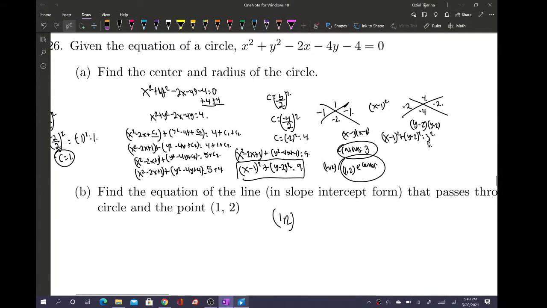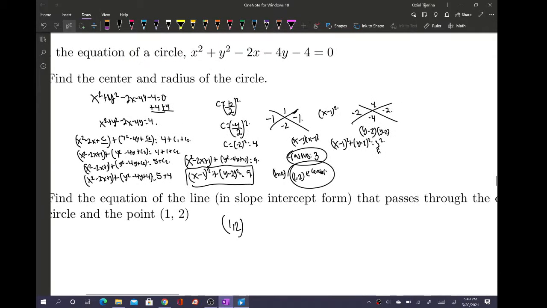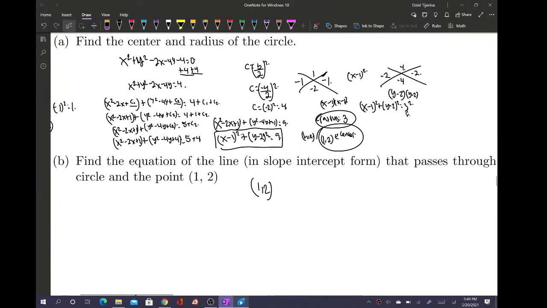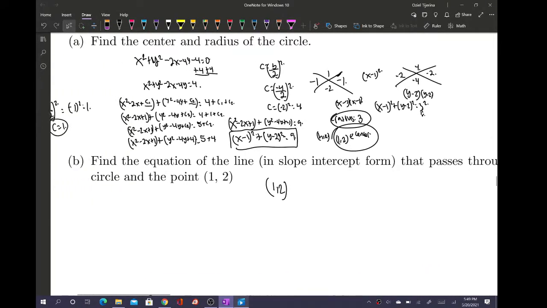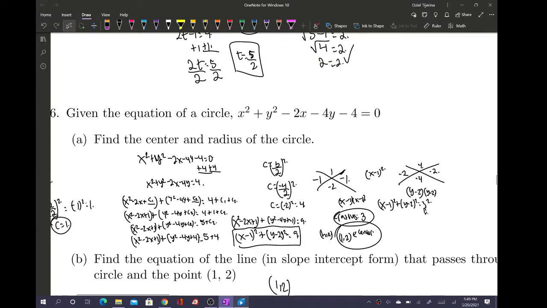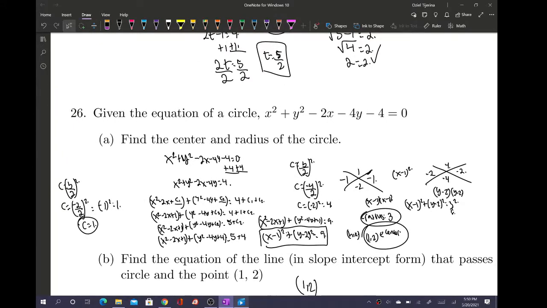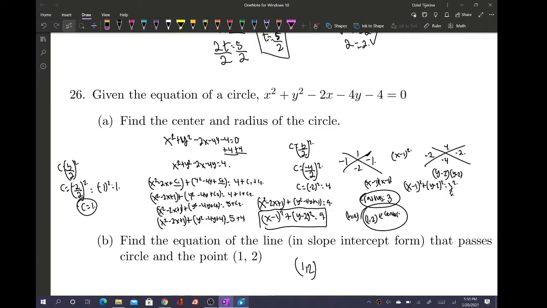Interesting. It passes through the center of the circle and the point (1, 2). That's interesting, because in reality, if we have something like that, so let's see, hold on guys, give me a second.